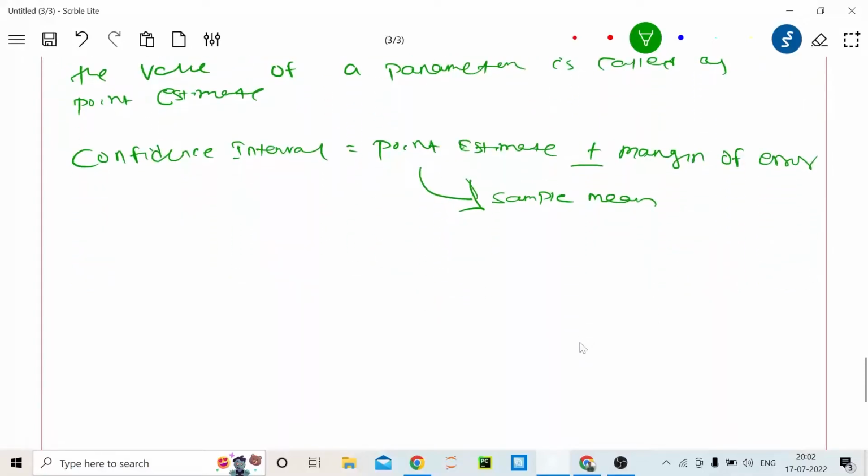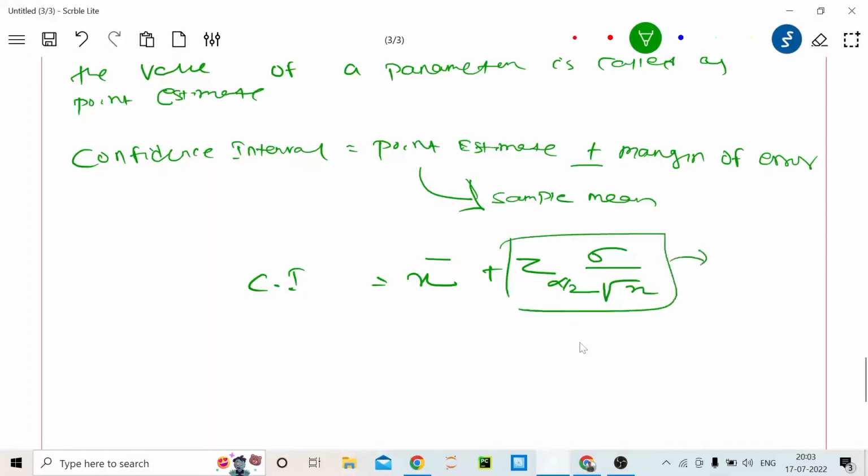In this case, there is also a formula: confidence interval is nothing but x bar plus minus the margin of error.